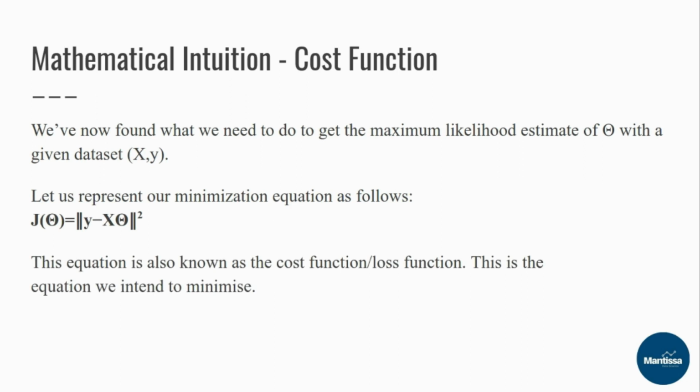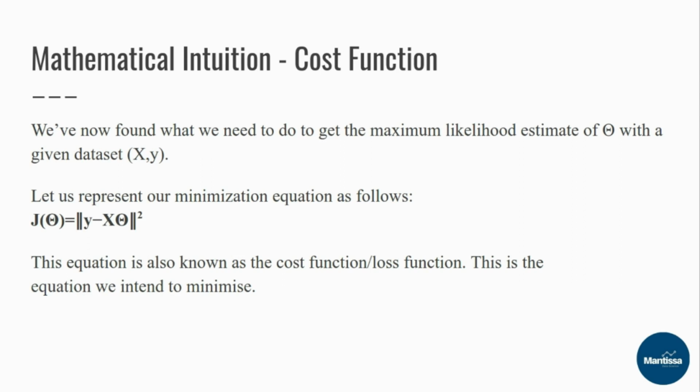This equation is also known as the cost function or the loss function, and this is the equation we intend to minimize. This is a very important result. This is the third formula that we saw in the first slide. And as a result of minimizing this equation, we will be able to find the best parameters.